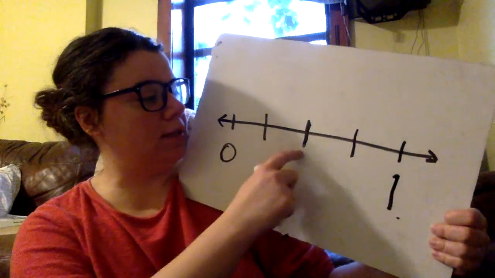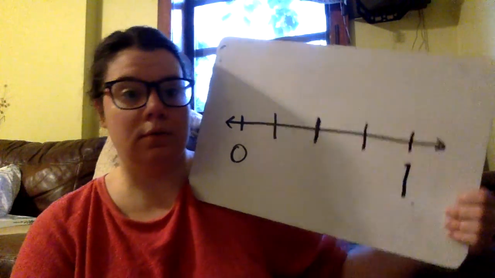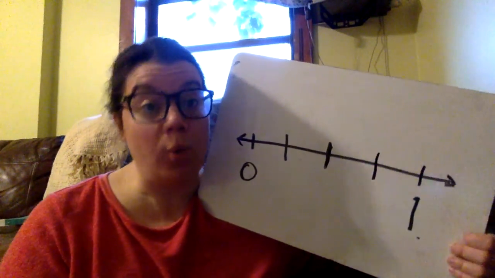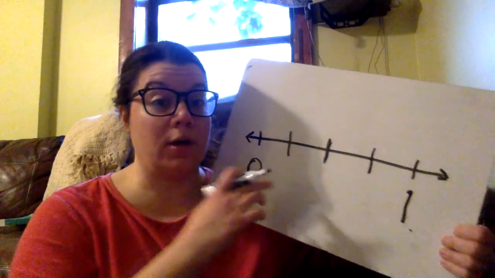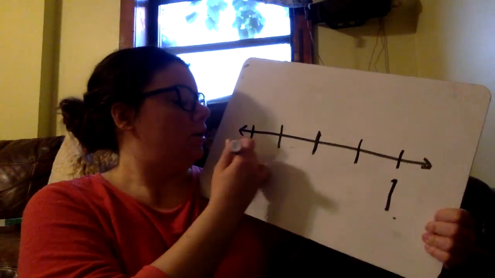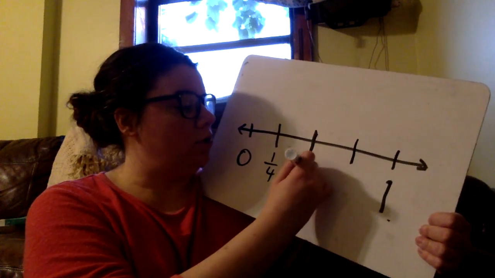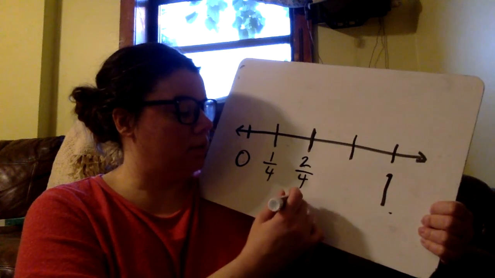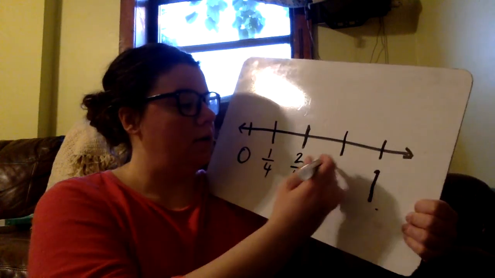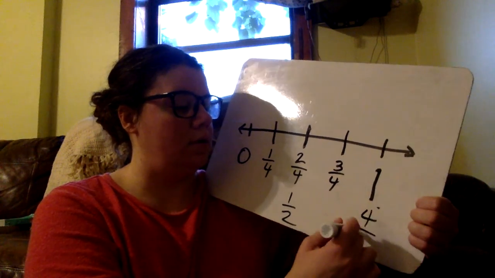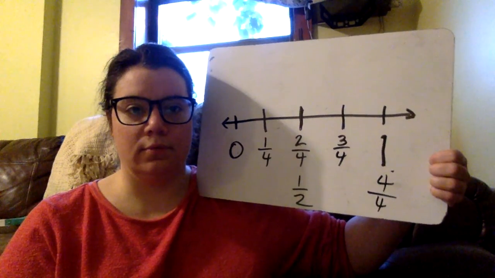So each one of these tick marks is 1/4. So we're going to count by 1/4. Instead of counting by ones that we usually do on our number line, now we're going to count by our fractions. So we have 0, we have 1/4, we have 2/4, which we saw was the same as 1/2. We have 3/4, and then 1 whole, 4/4.